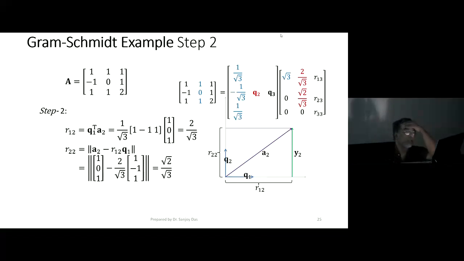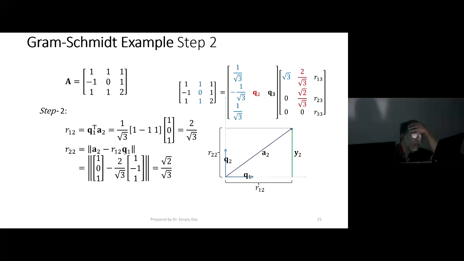And here is the numerical example, step 2. We already found this, and we know what this is, 101. A2 we are going to use. And so, again, R12 is the inner product, Q1 transpose A2, which gives me 2 over root 3. And then R22, I find the residue, Y2 is A2 minus R12 Q1.